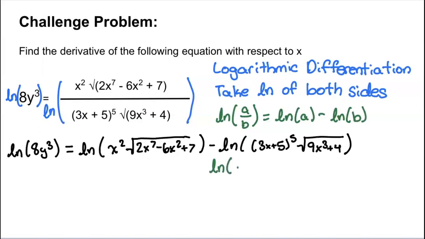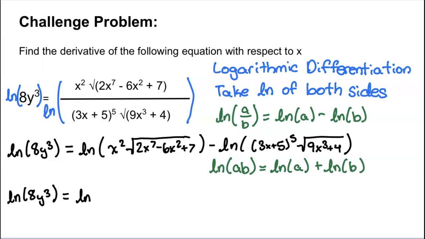When you have a product within your ln, just as we have here, both of these have products within it, you can break this down into ln of a plus ln of b. Cool, we're going to do that with our logs on the right-hand side. This left-hand side is going to stay the exact same.